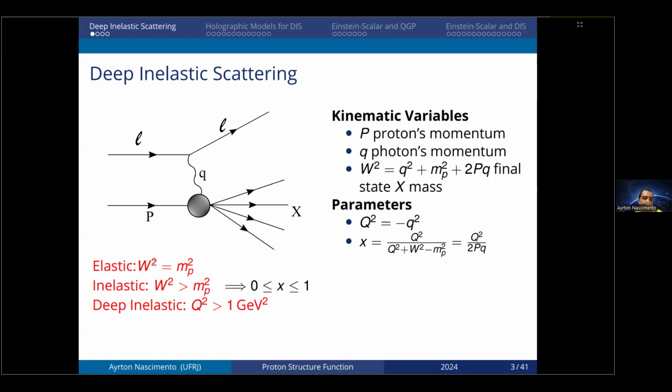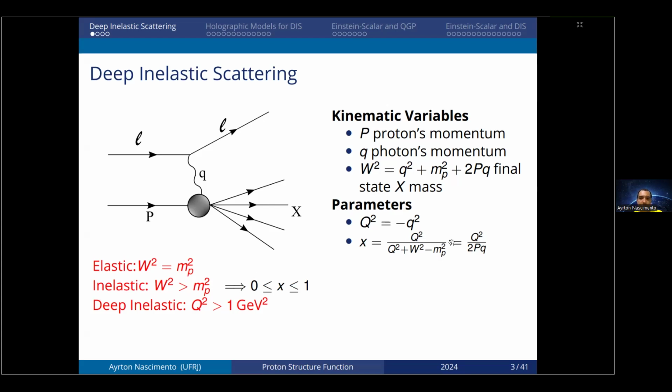So if we have elastic scattering, this W is just the mass of the proton, and you just get one. So this x is one for the elastic regime. And if you get a final state in which this mass is bigger than the mass of the proton, you have an inelastic process, right?